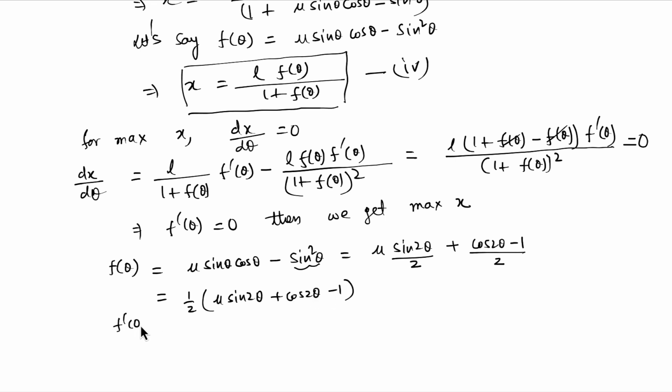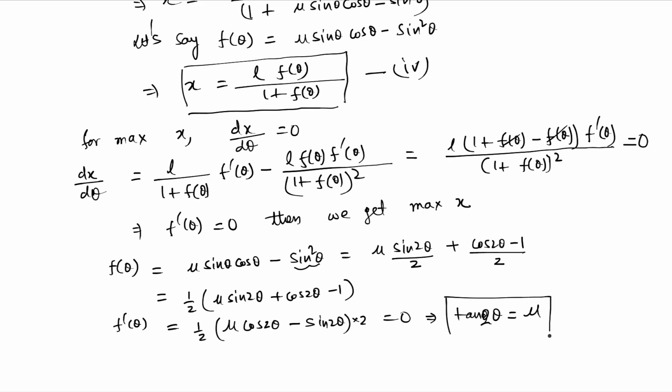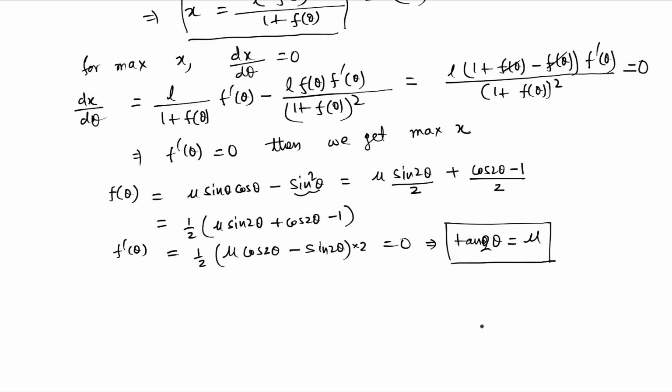Therefore, f prime theta is 1 by 2 [2 mu cos 2 theta minus 2 sine 2 theta], which is 0. That means tan 2 theta is mu.